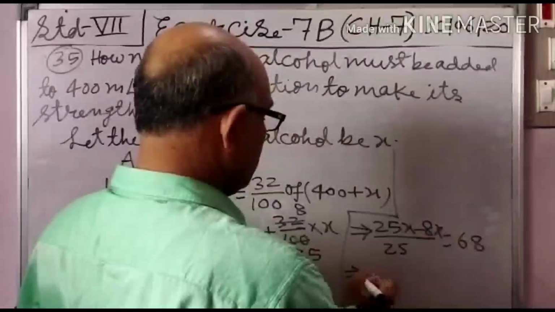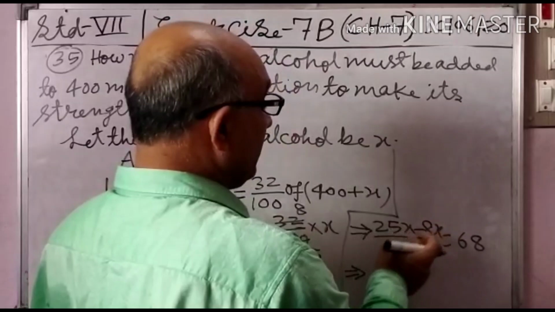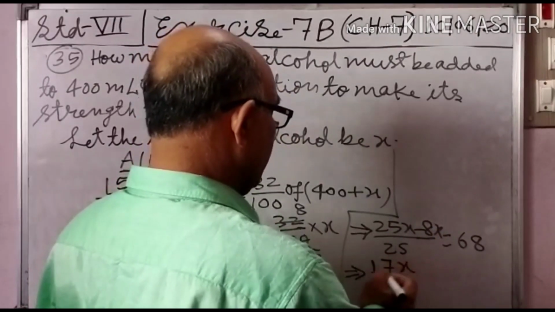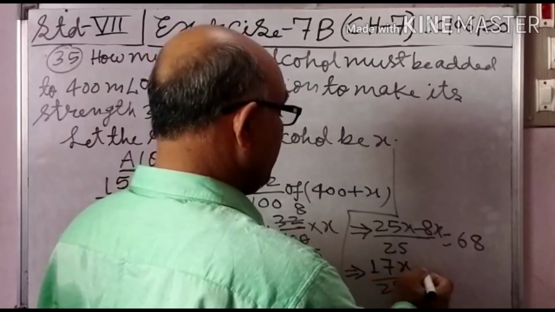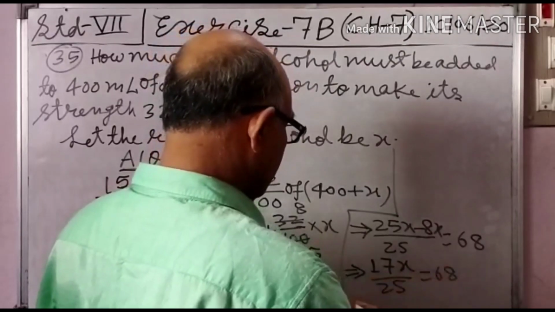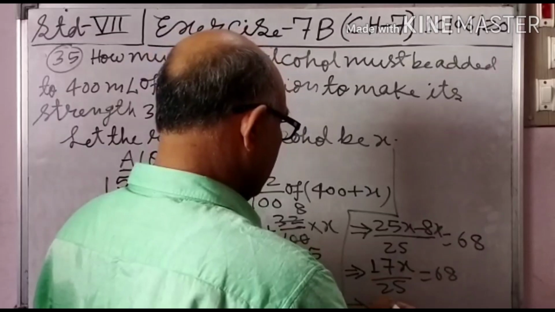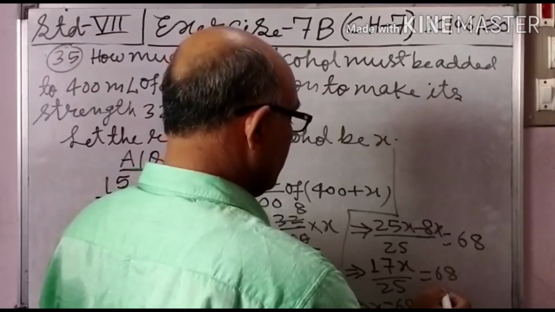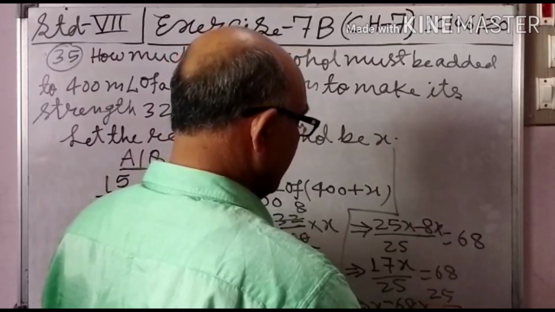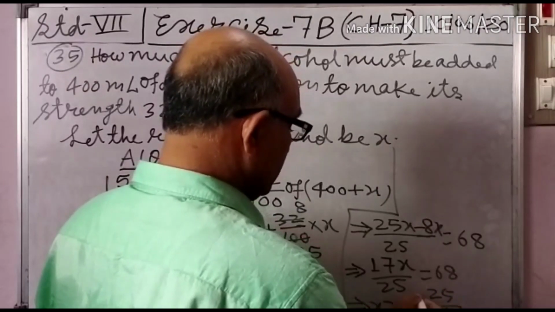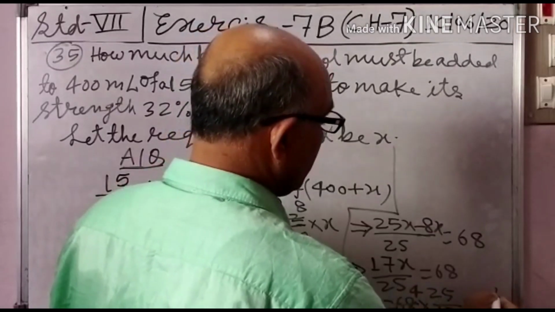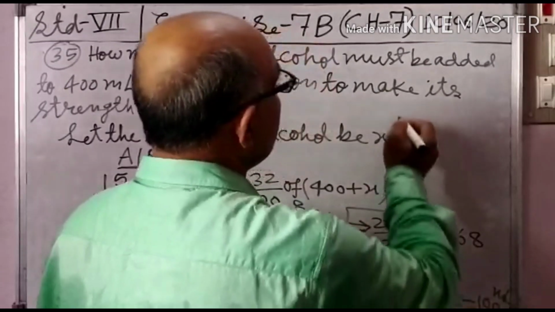Now solve it. 25x minus 8x, 17x by 25 equal to 68. That implies x equal to 68 into 25 by 17. And now 17 4s are 68, 25 4s are 100 ml answer.